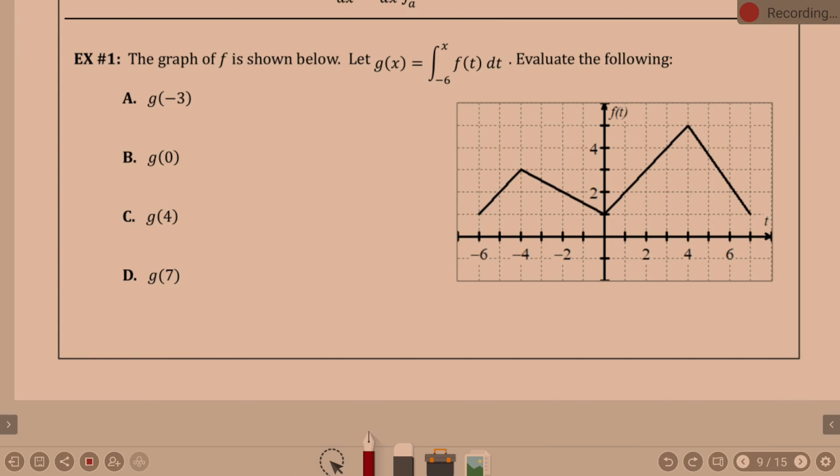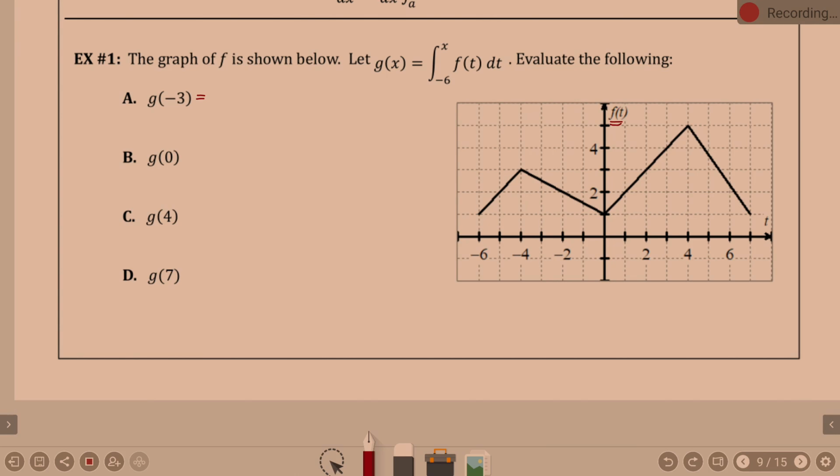Okay. The graph of f is shown below. I know it's a graph of f because it's labeled the graph of f. We're defining g of x to be the integral from -6 to x of f of t dt. Evaluate each of the following. Okay, so g of -3. What does g of -3 mean according to the stem of the problem up there?